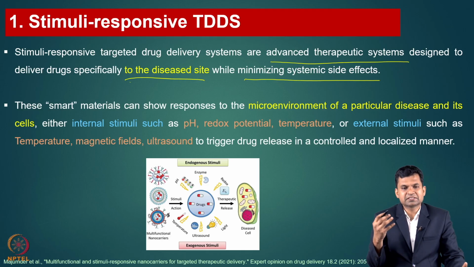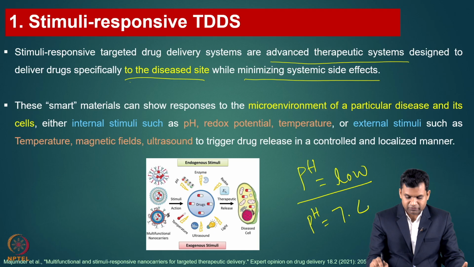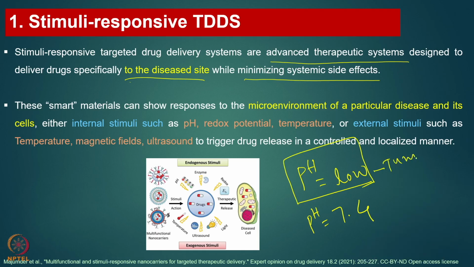Consider the case of cancer. In the tumor microenvironment, the pH is very low when compared with the pH of blood, which is around 7.4, whereas the pH of tumor cells is acidic in nature.